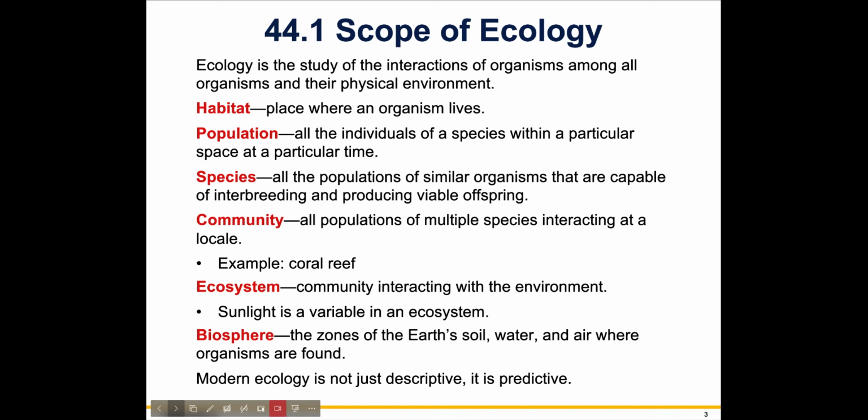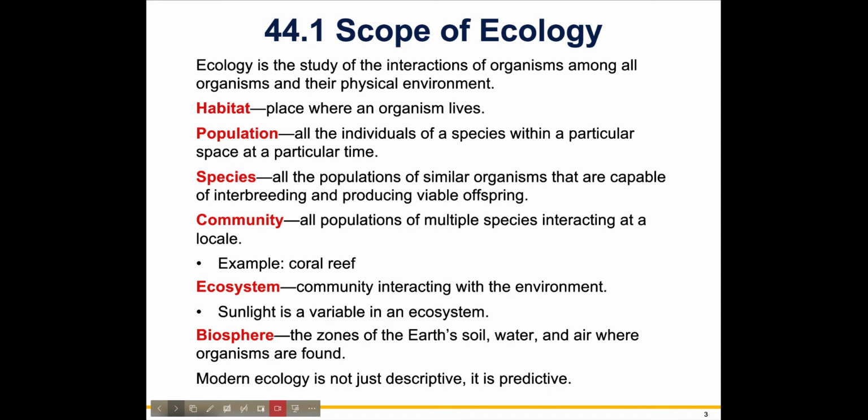Then we've got community, that is many populations of different species all interacting. A great example would be coral reefs, where we've got coral and algae and fish and stingrays and sharks and all the different things that are within that coral reef make it a community.